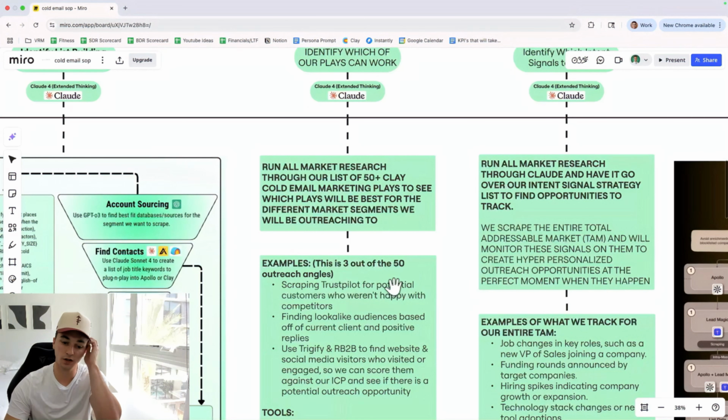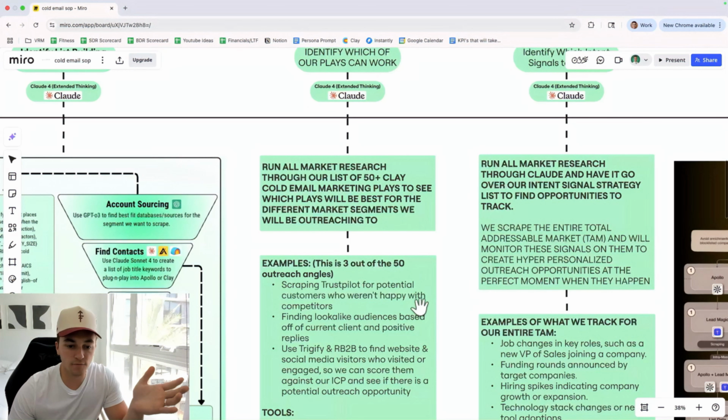For example, one of the outreach angles is scraping Trustpilot for potential customers who weren't happy with their competitors. If I have a SaaS company I'm working with, we'll look at Trustpilot and look up their competitors. We'll try to find bad reviews, scrape those, and reach out to them to see if they have solved their problem yet.